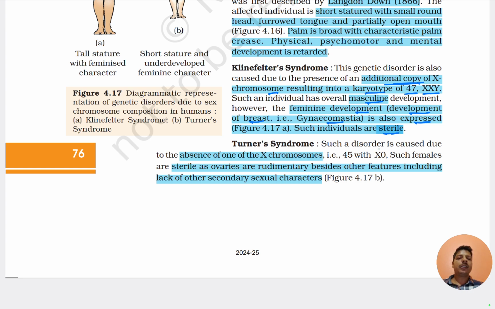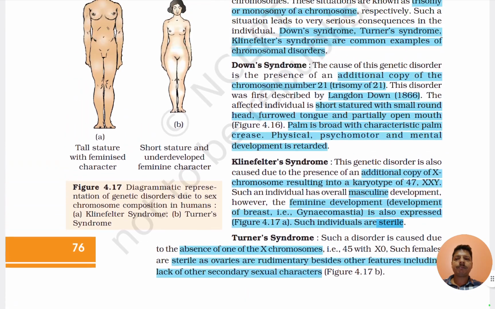Turner syndrome is a disorder caused due to absence of one of the X chromosomes, 45 with XO. Such females are sterile as ovaries are rudimentary, besides other features including lack of other secondary sexual characters. And with this, we have completed this chapter.